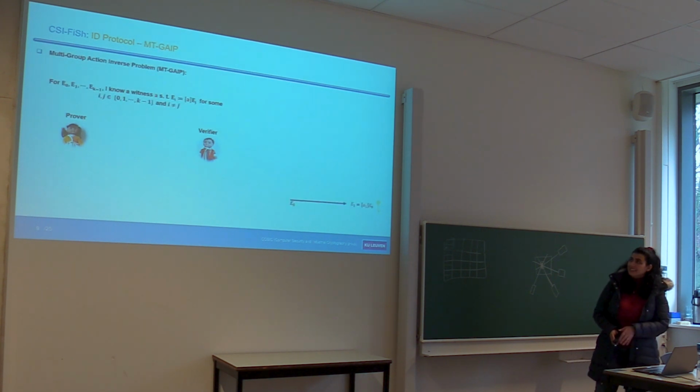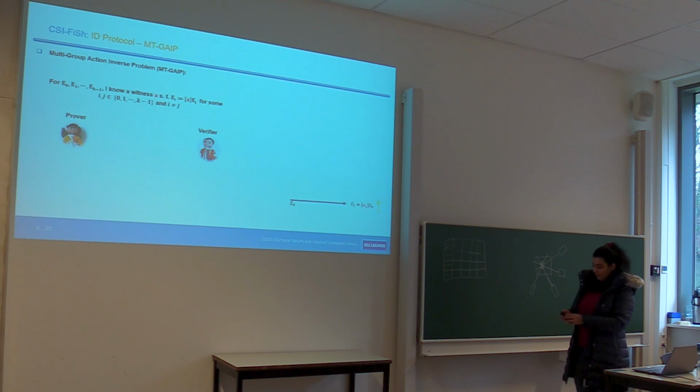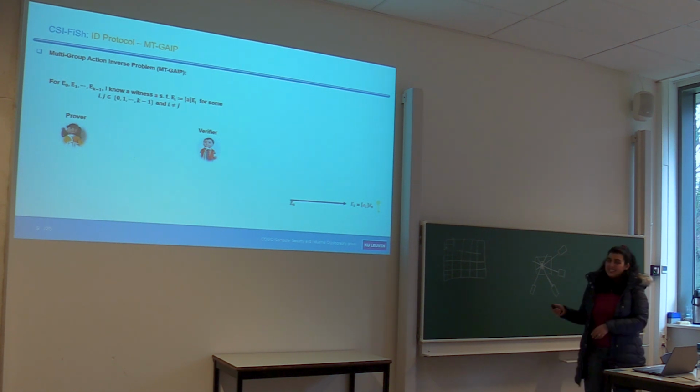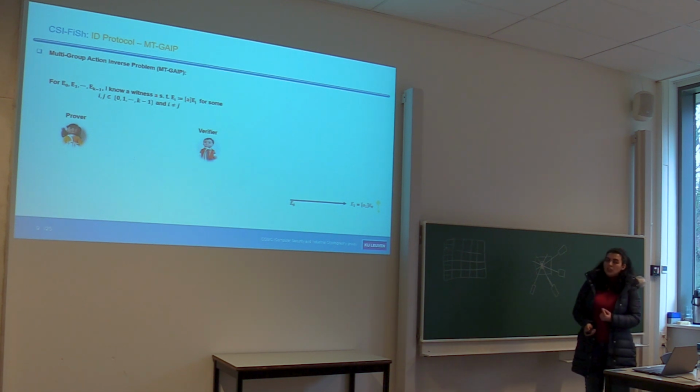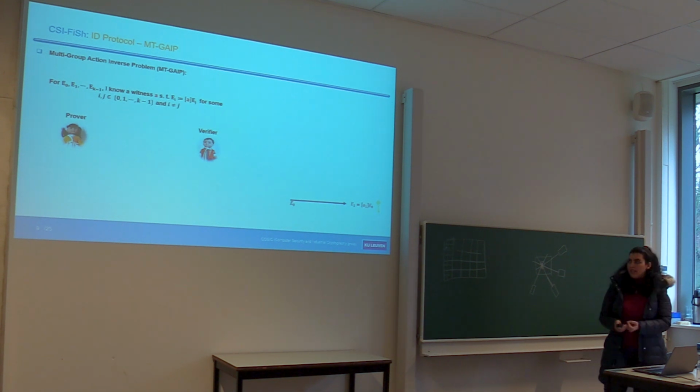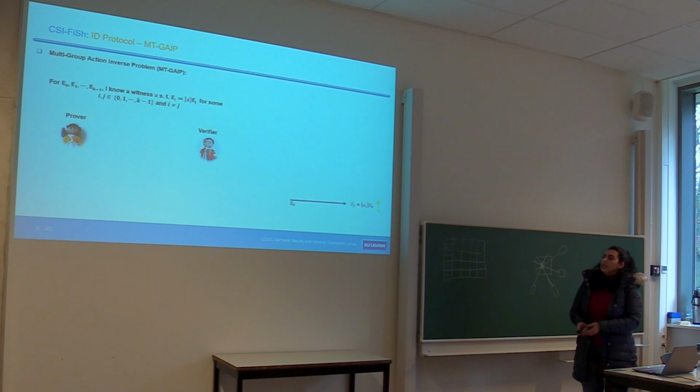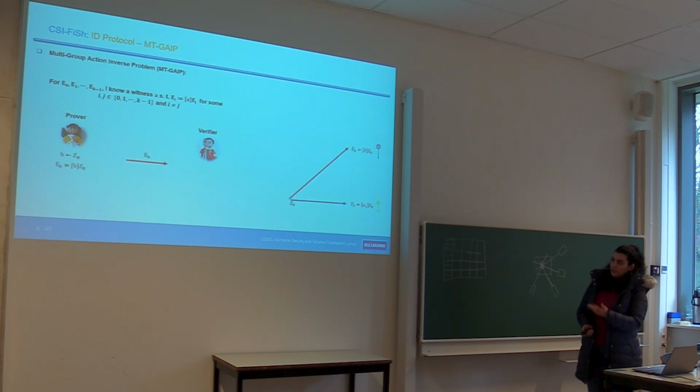What they did is increase the size of the public key to k. Now the prover wants to prove that she knows a between any two curves that you challenge her with as a verifier. So what does it mean?